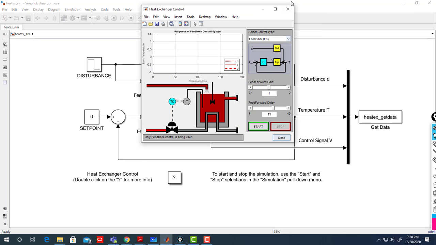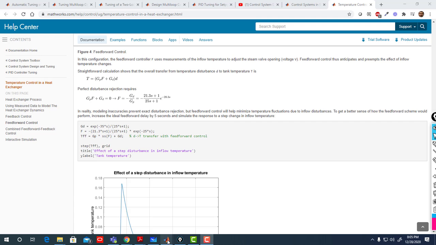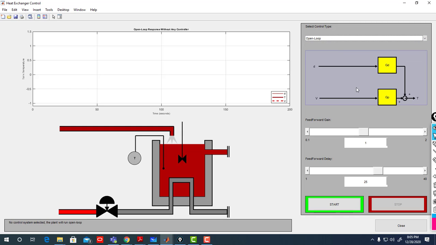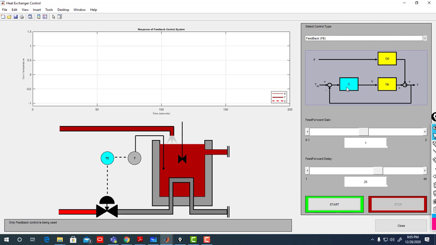Interactively we can play with it. And here, well, what do I have here? I have feed forward gain and feed forward delay, which I can tune, I can change. Let's understand what else. Here is my open loop. That's how it looks like. This is the feedback control.